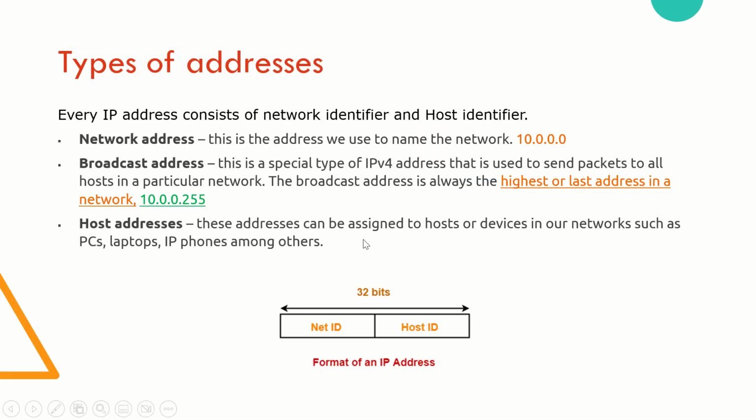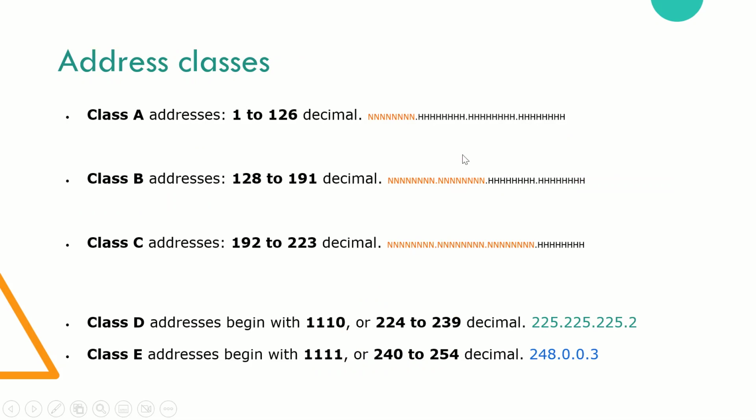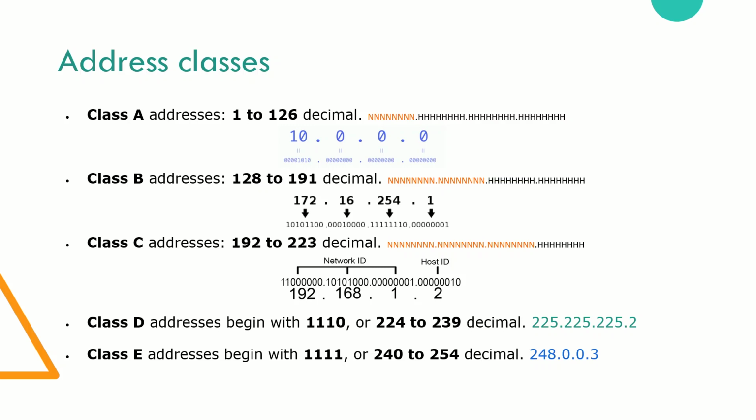We can come back to here and you can see I'm talking about network ID and also host ID. You can see this is network ID and this is host ID here. And also in class C, class C addresses are between 192 to 223 decimal.